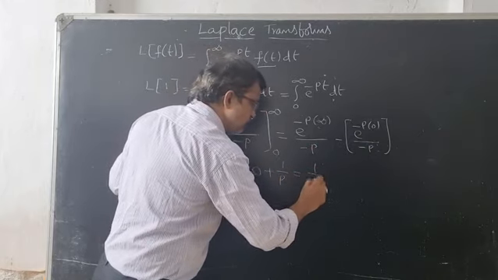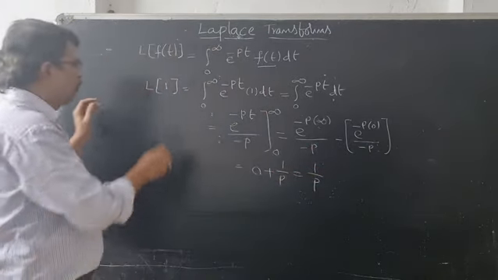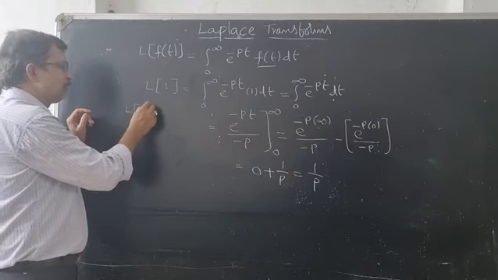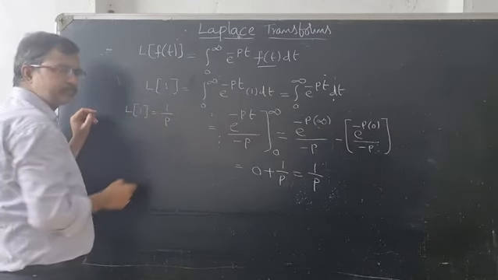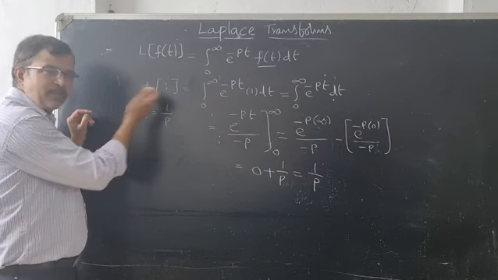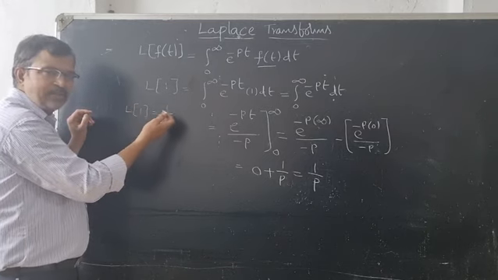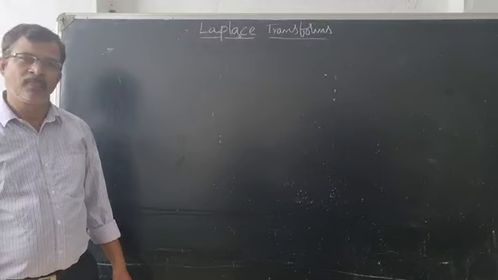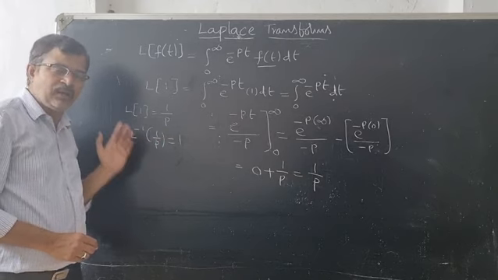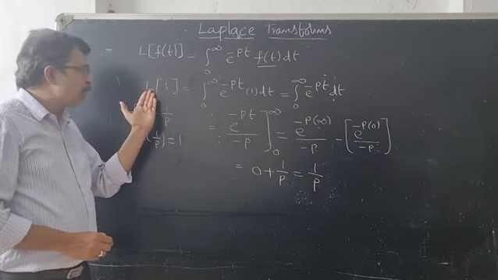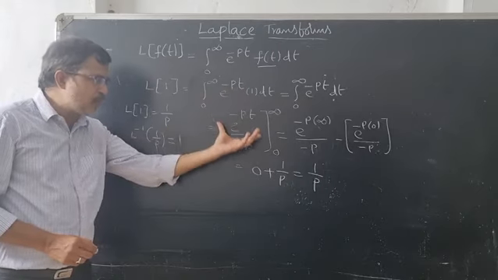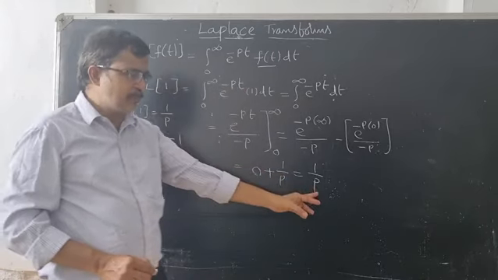The result of Laplace of 1 is equal to 1 by p. Going to the right side, Laplace inverse of 1 by p is equal to 1. This is the Laplace formula and this is the inverse Laplace formula.